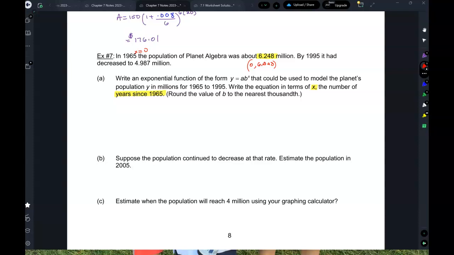By 1995, it had decreased to 4.987. In 1995, that's 30 years after. Now the new amount is 4.987.